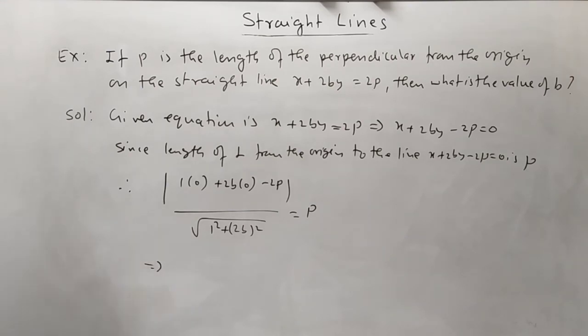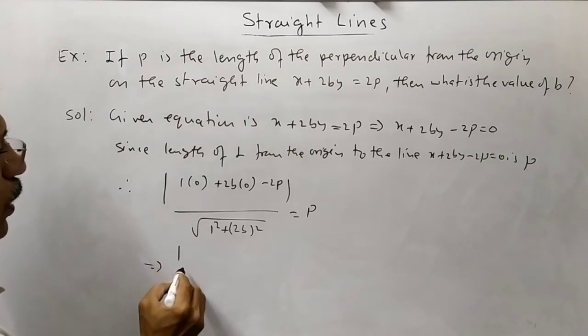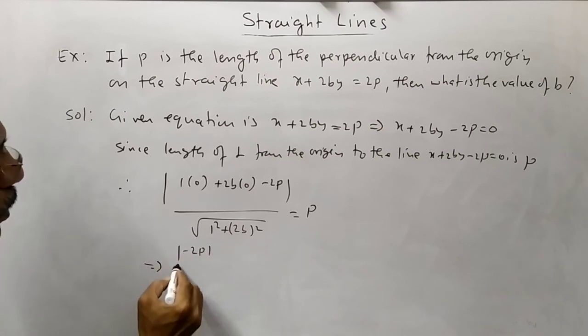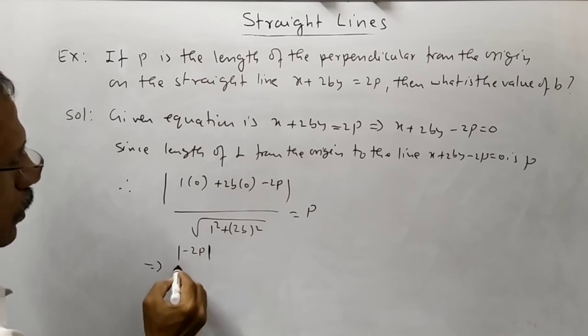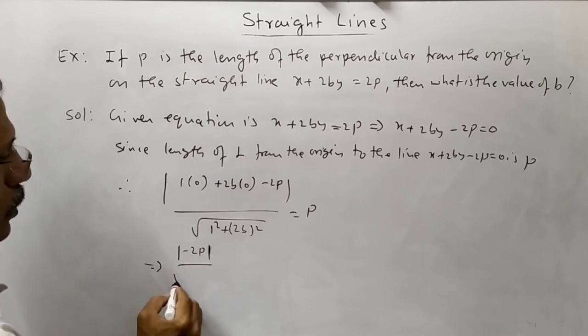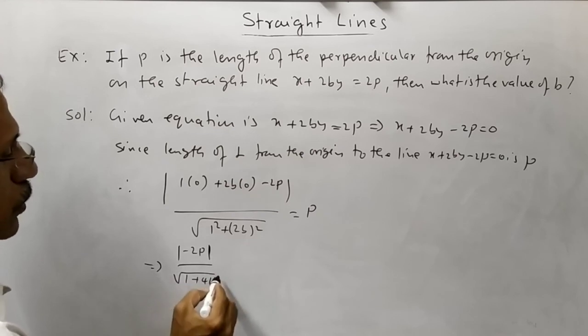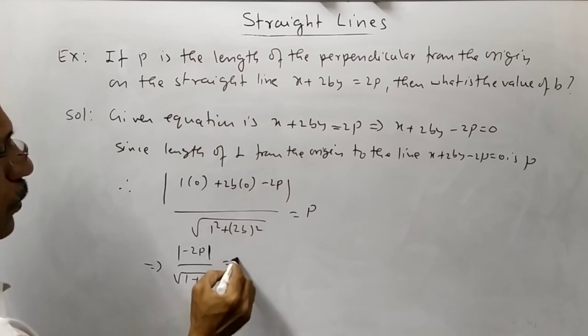This implies absolute value of minus 2p divided by square root of 1 plus 4b square is equal to p.